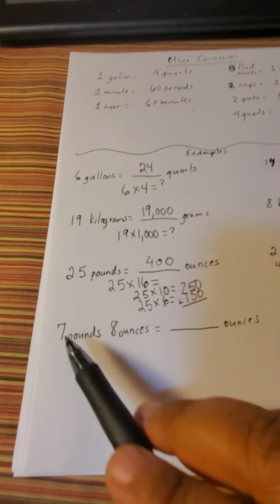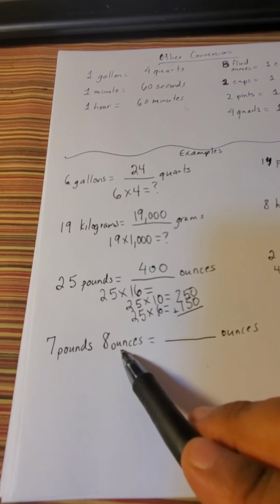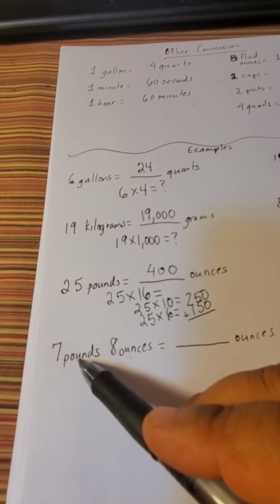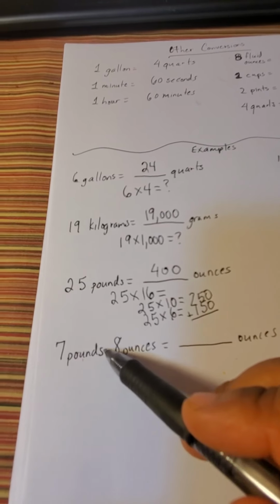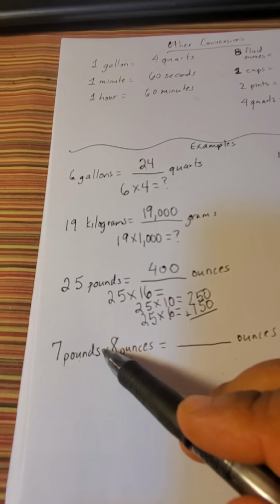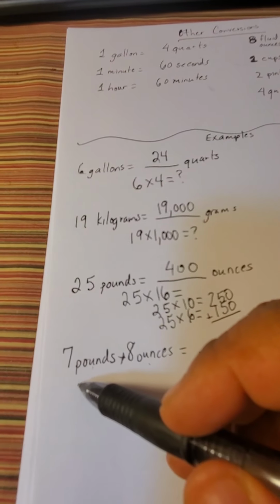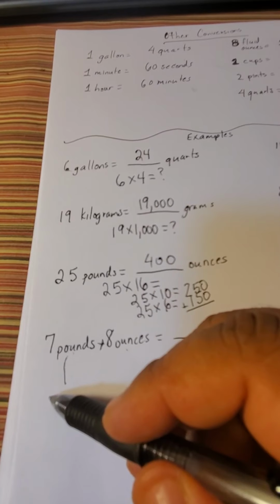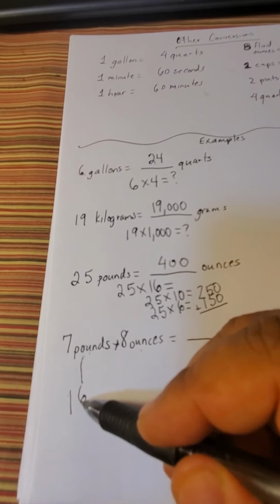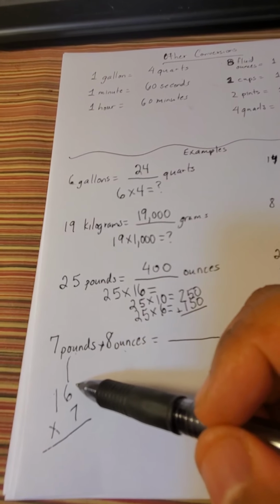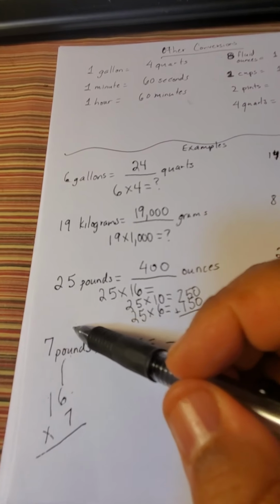Now, what if you have 2 units like this? 7 pounds, 8 ounces equals blank ounces. Well, I have to change pounds to ounces and then add these. So sometimes I like to put a plus sign here. So 7 pounds would be 16 times 7. Where did I get 16 from? 16 ounces are in 1 pound.